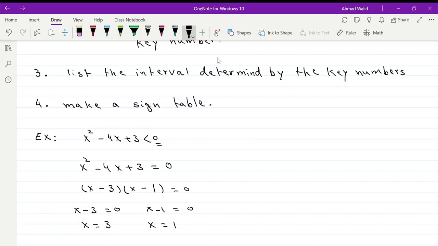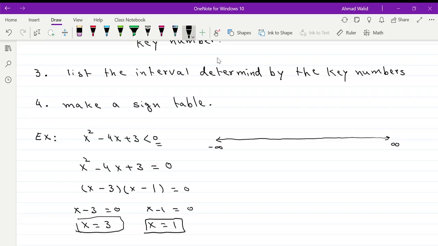In step 2, I told you to make a number line. For this problem, I'll make a number line, but I'll show you that your table actually contains a number line. But for this one, I'll make a number line to show the intervals, to explain what intervals are. After you find your key numbers, mark them on the number line.